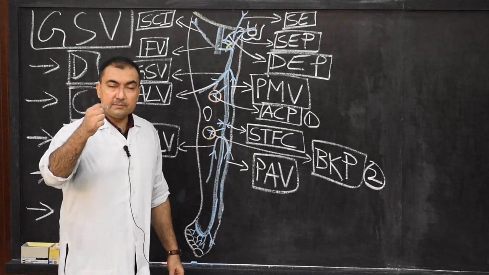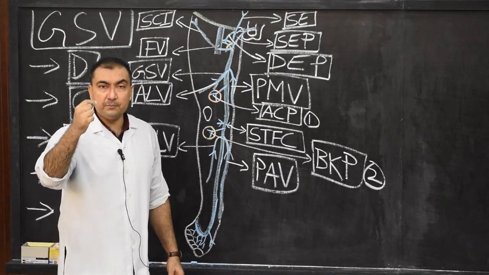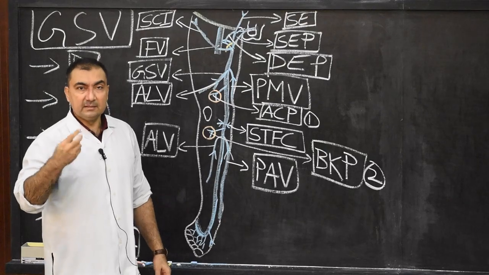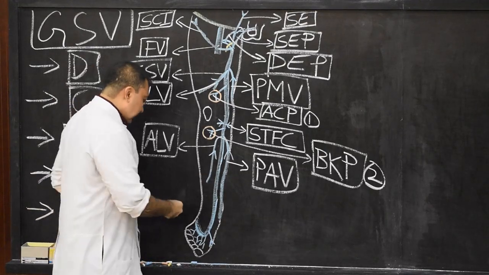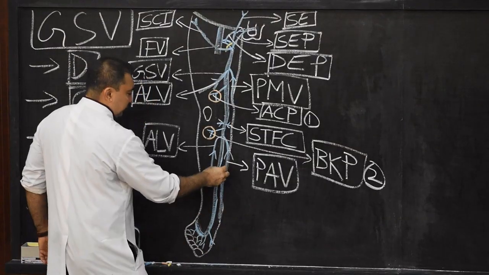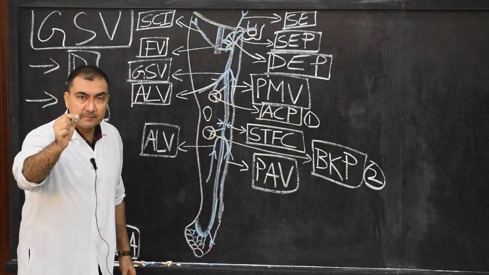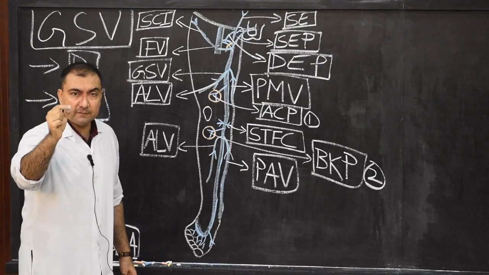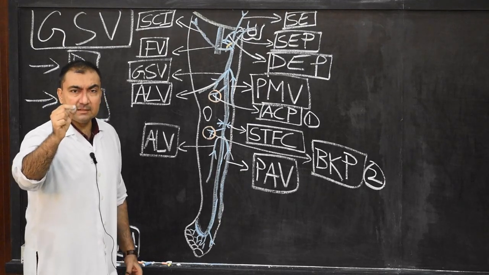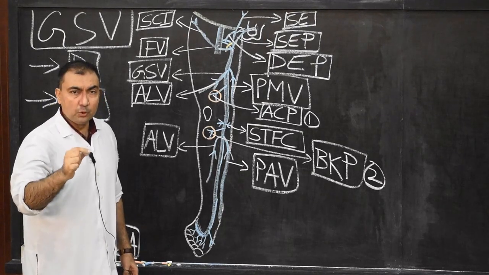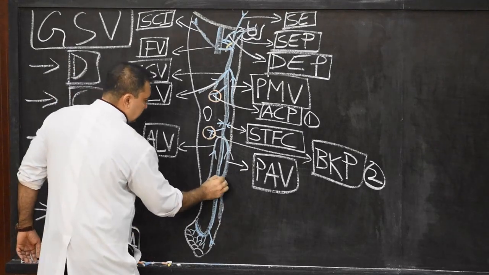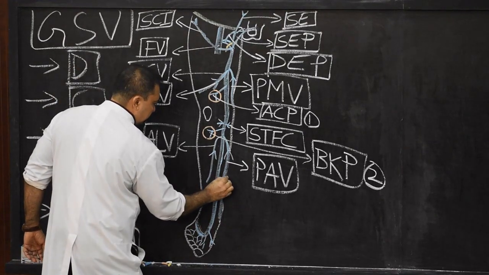And now we come to the third perforators. They are called medial ankle perforators. There are 3 of them, placed in such a way that the upper one, the first medial ankle perforator, will be at the junction between the middle 1/3 and the lower 1/3. Here we show the first perforator.